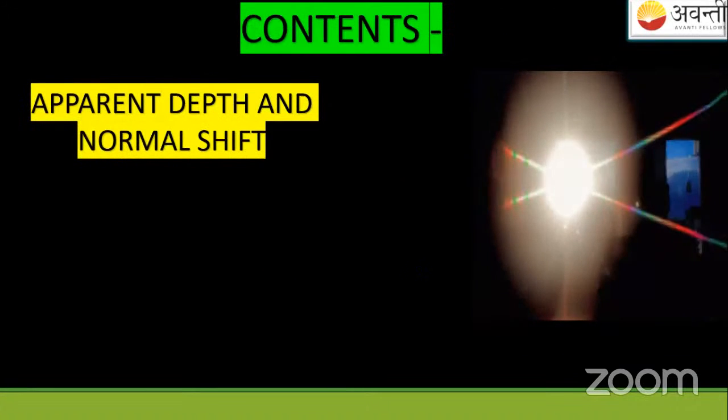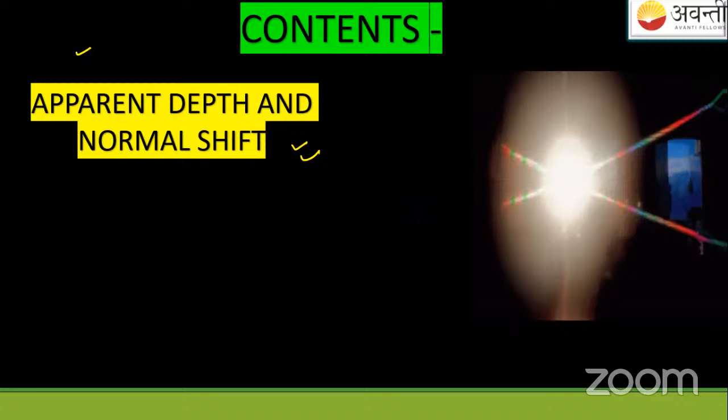After this, if we are left with some more time, we'll see apparent depth and normal shift. What is this thing known as apparent depth and normal shift? Apparent depth or normal shift क्या होता है, किसे कहते हैं? We'll see this.